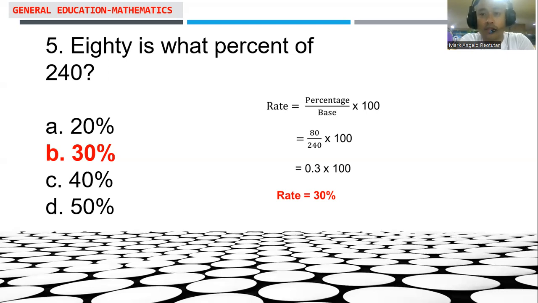Since we are looking for the value of the percent, it should be multiplied by 100 for it to be converted into a percent value. Okay, so we know that the percentage is 80, while the base is equal to 240, multiplied by 100. That will give you a rate of 30%. So it means that 80 is the 30% of 240. So item number 5, the answer here is letter B.